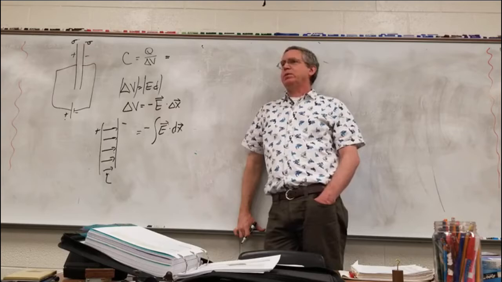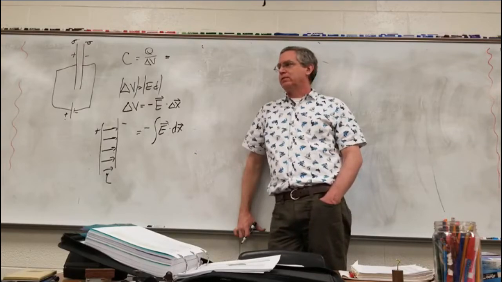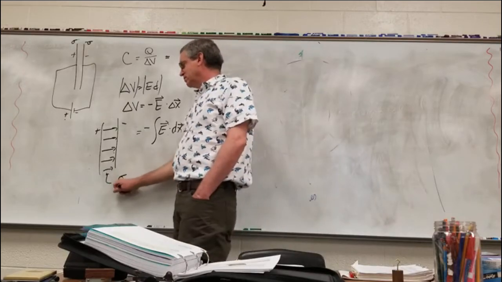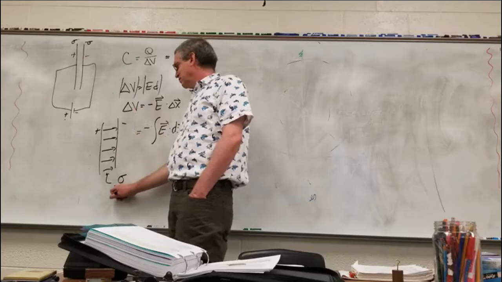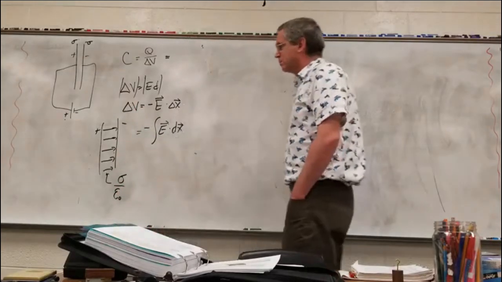Formula for the electric field between two parallel plates, assuming the plates are close enough to each other. It's sigma over epsilon naught. If there's nothing there, it's epsilon naught. If there's something there, over epsilon.